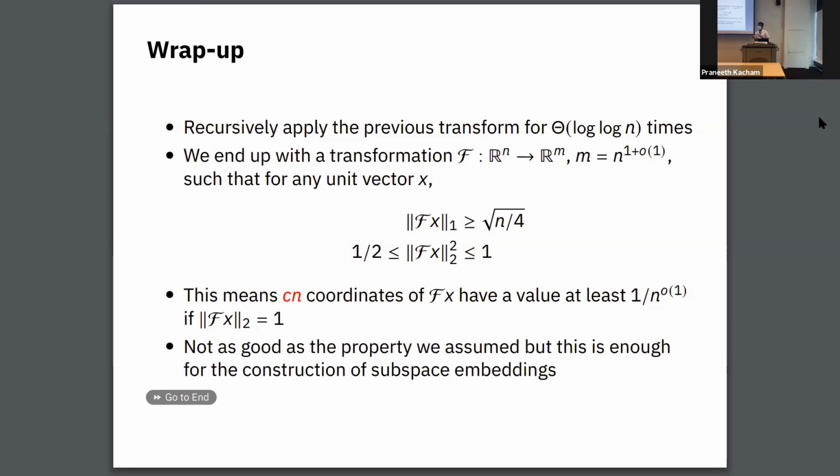Basically what we are saying is you can transform any given subspace into a subspace where every unit vector has a large number of large coordinates. And as we saw earlier, for this kind of subspaces, very sparse sign matrices act as subspace embeddings.